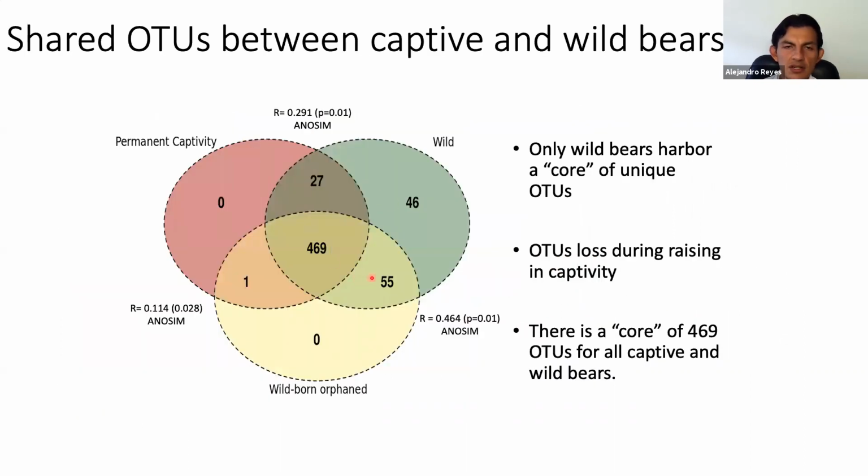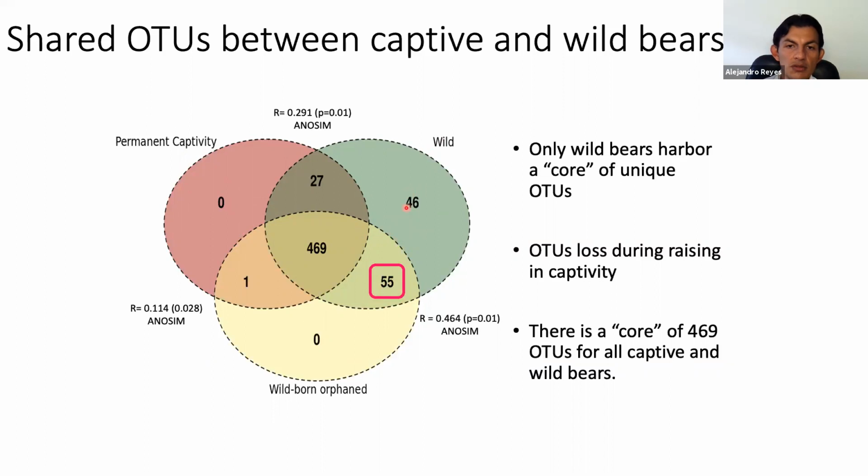When we look at the shared microbiome, it's interesting to see that most of the bacteria are shared between all animals. There is really no species that is unique to either the wild-born and later captured cubs or the ones in permanent captivity. And the highest shared number is precisely between the wild and the wild-born, suggesting that these wild-born animals still maintain some of the diversity that the wild animals had.